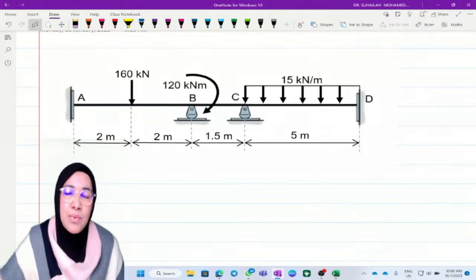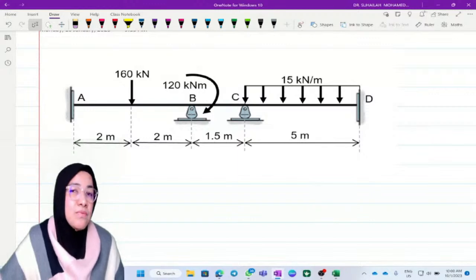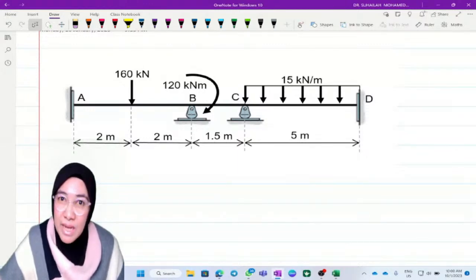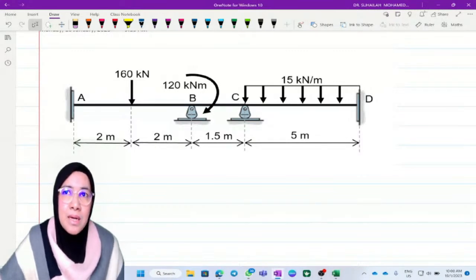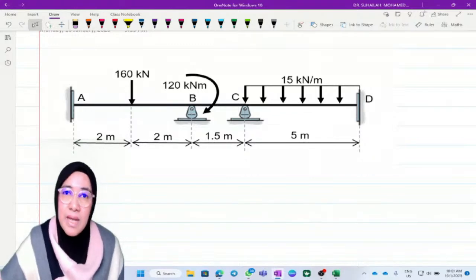After that we will calculate the vertical forces for each joint, and then draw the shear force diagram first, and the bending moment diagram we will draw based on the shear force diagram.